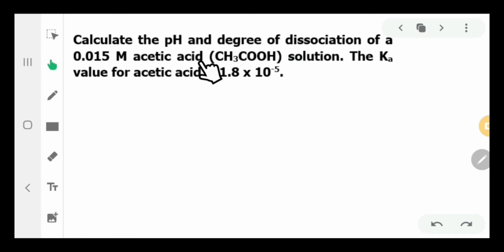Now, how do I know that acetic acid is a weak acid, even without the question mentioning that it is a weak acid? This is a trick. When you have a question in exams and you don't know whether it's going to be weak or strong, you have to look for the value of Ka.